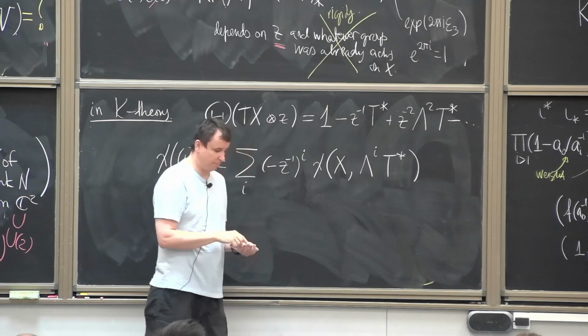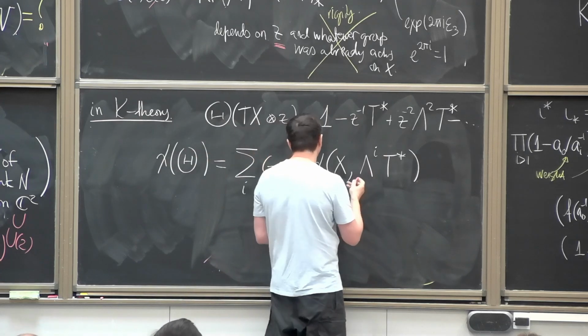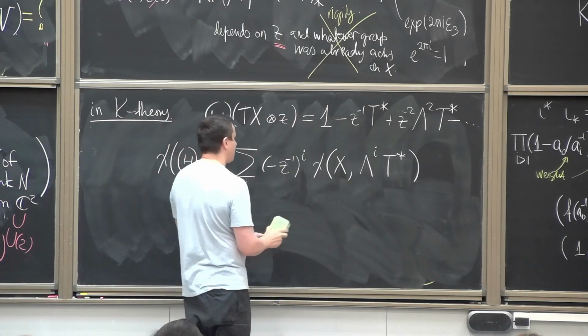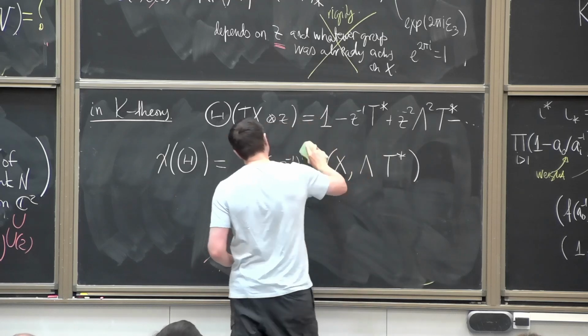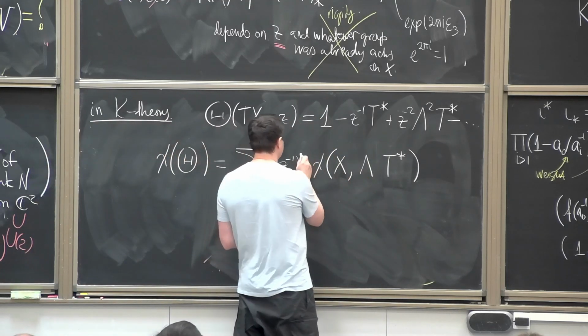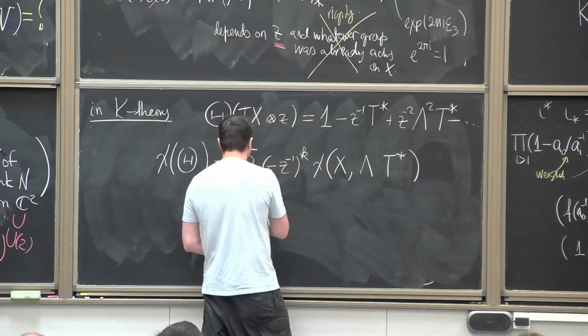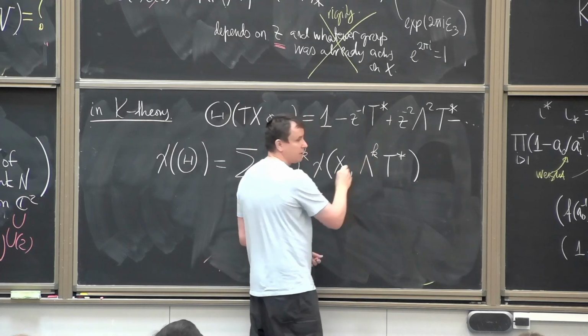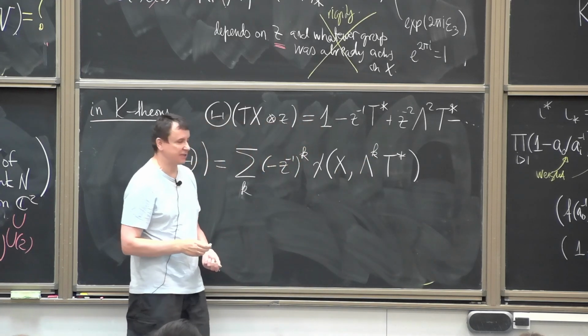So the ith exterior power of the cotangent bundle, that's our maybe K. What's the kth exterior power of a cotangent bundle?